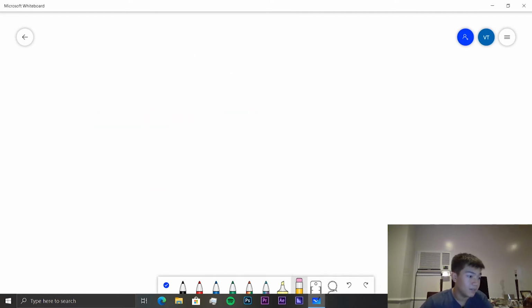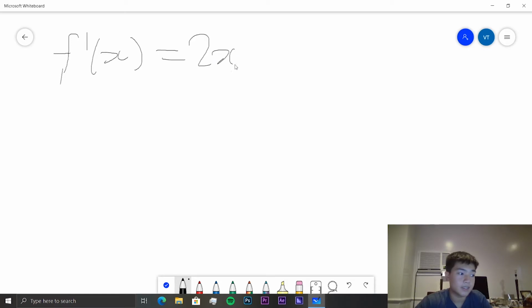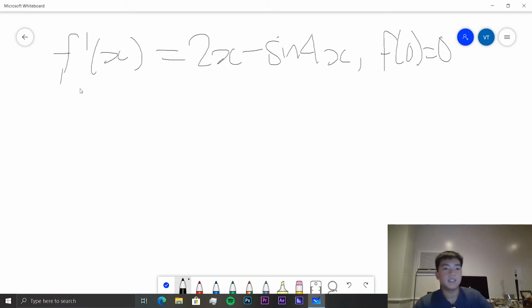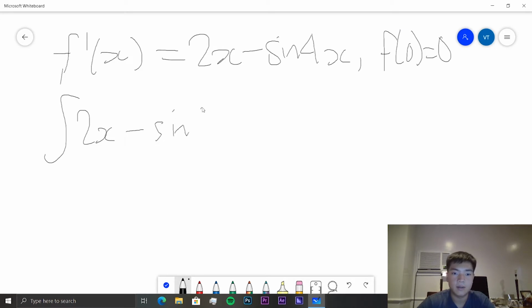So next, find f of x given the extra conditions. We have f prime of x is equal to 2x minus sine 4x, and f of 0 is equal to 0. So if we integrate 2x minus sine 4x, this should be equal to x squared plus 1/4 cosine 4x.